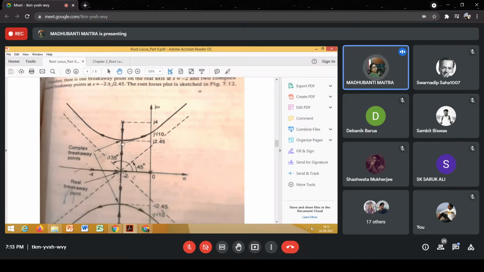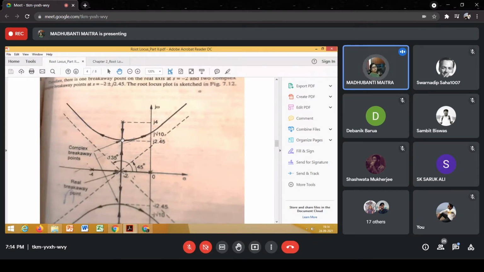These two complex root branches will again meet. Hence, at this point again, we'll get two repeated complex roots of the characteristic equation.